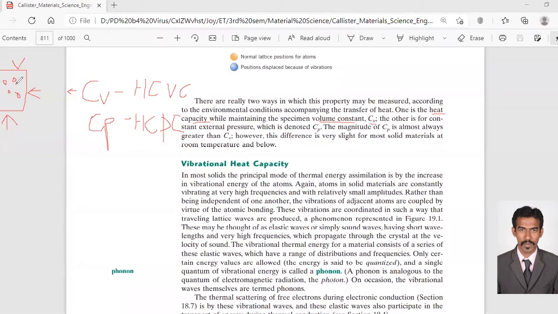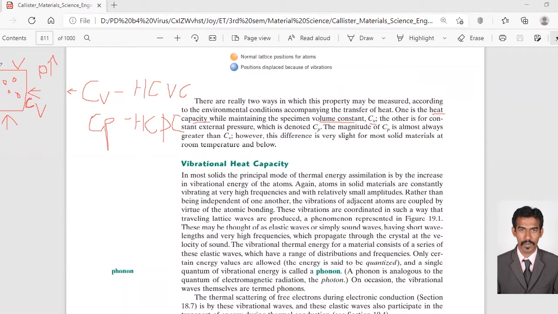So due to that, pressure will be increased. So while having the volume constant, pressure will be increasing.